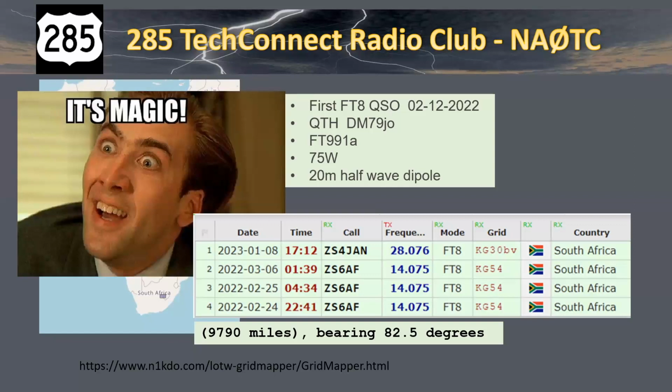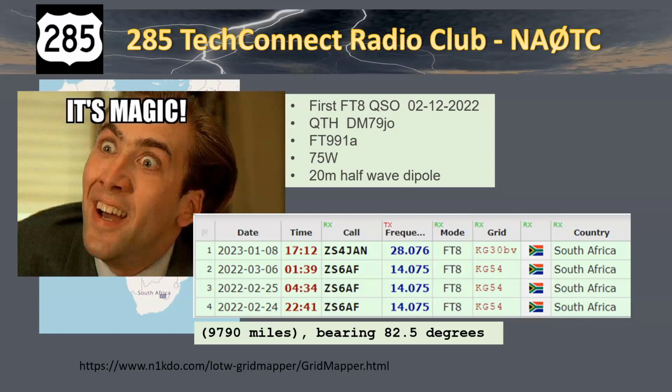I've always thought of radio as magic, but that confirmed the whole idea. Since then, I've reached out to South Africa several different times on FT8, on both 20 and 10 meters, and I have all the continents, and I just really enjoy it.